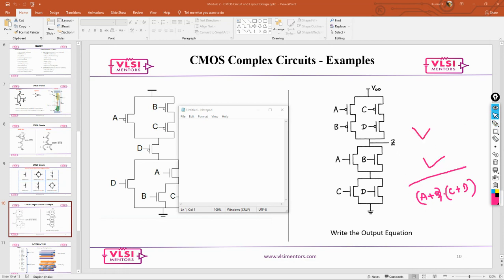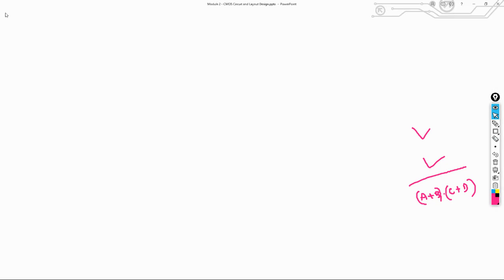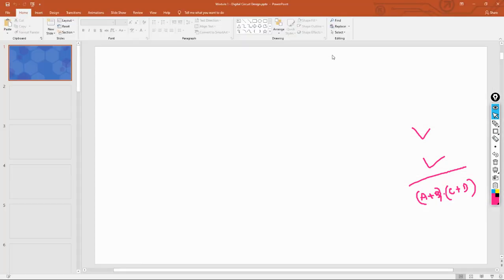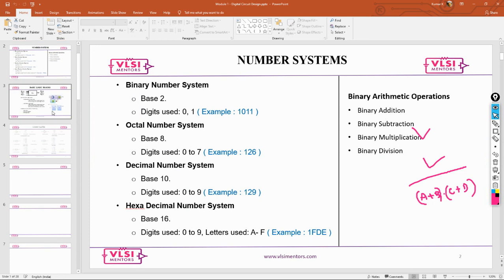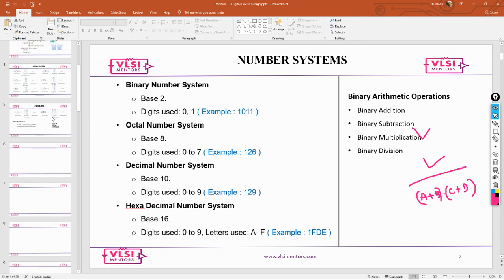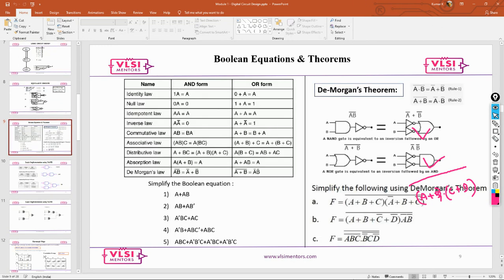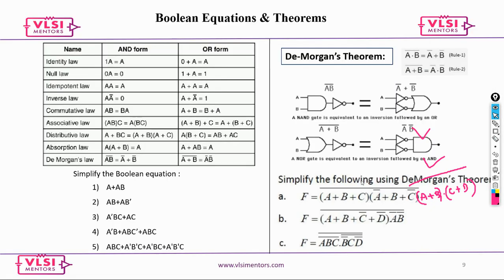Now the homework is basically I want you to draw circuits for all these equations.